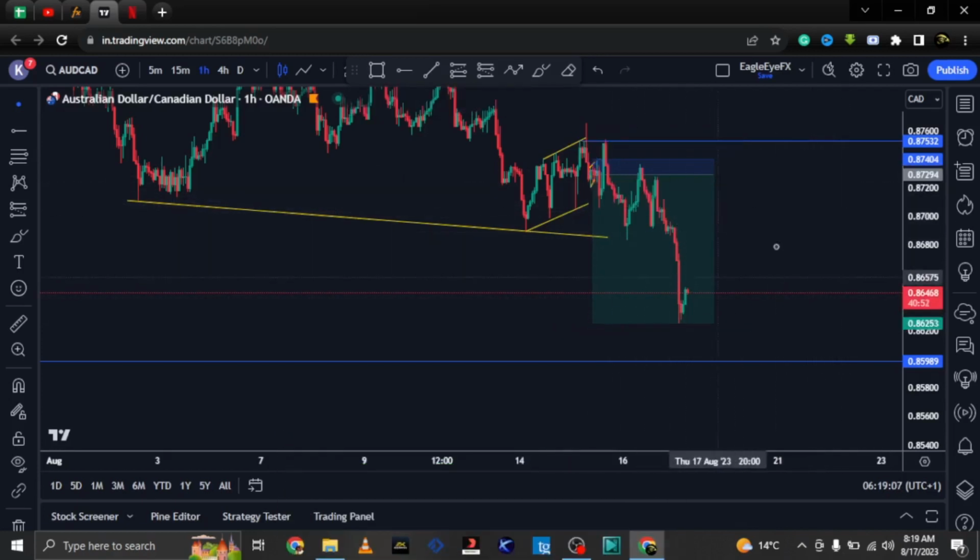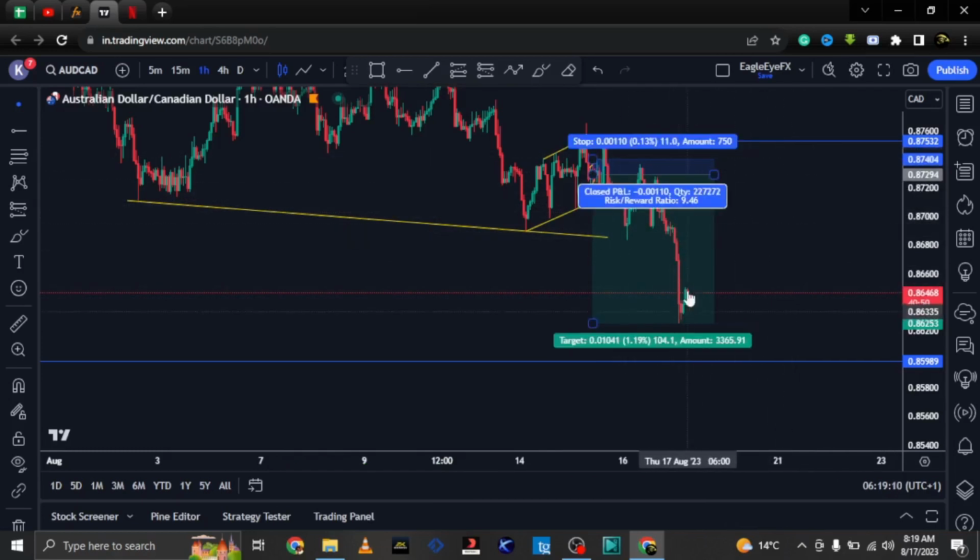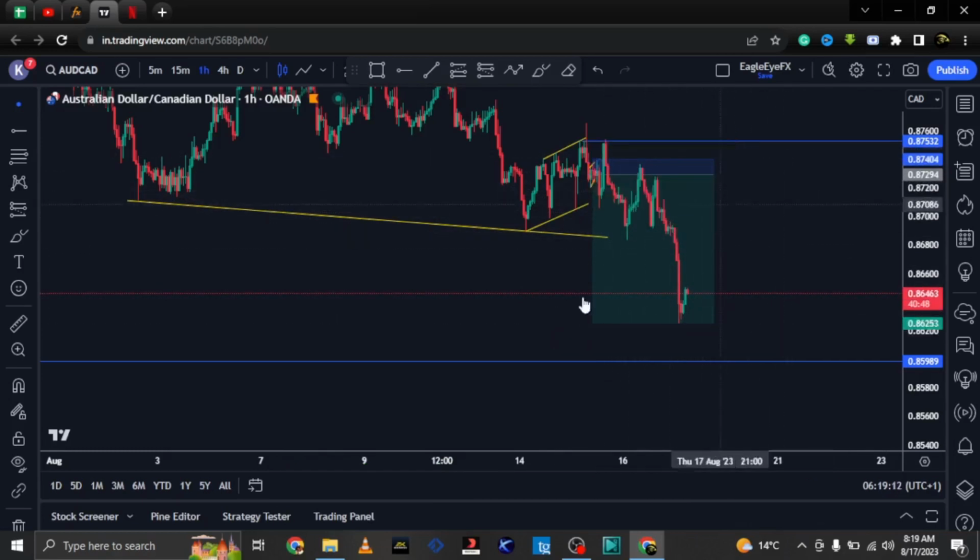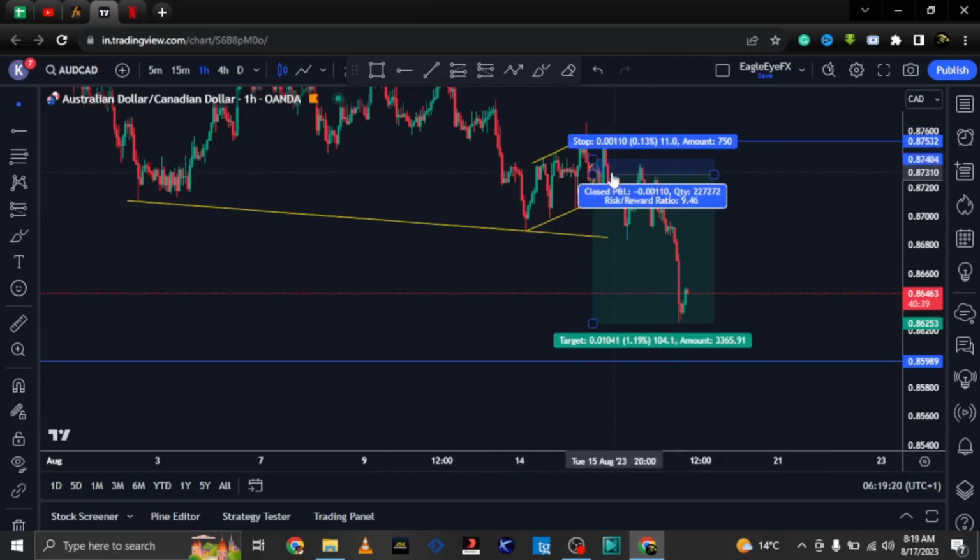I'll show you the trade that I took and how it played out, though I was doing it on the competition account, which limits the size of the lot size.